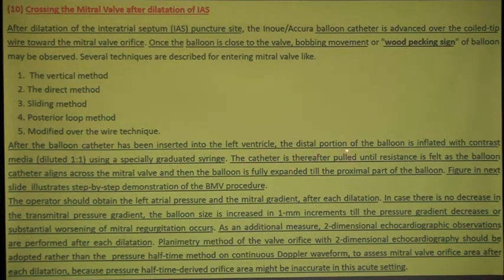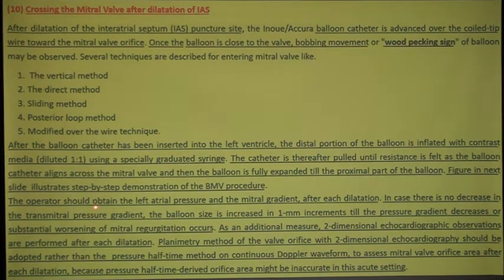The catheter is thereafter pulled until resistance is felt, as the balloon catheter aligns across the mitral valve, and then the balloon is fully expanded till the proximal part of the balloon. Figure in next slide illustrates a step-by-step demonstration of balloon mitral valvuloplasty procedure that we will see in next slide.